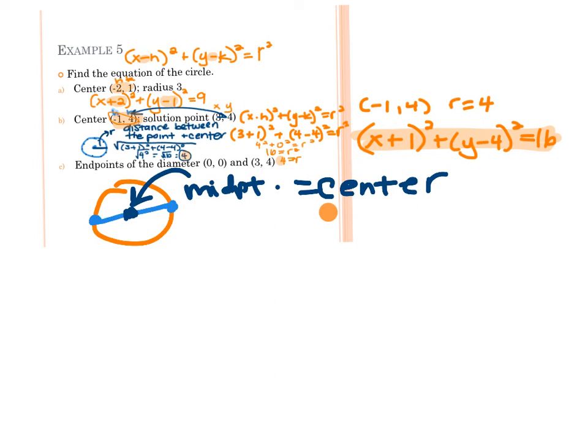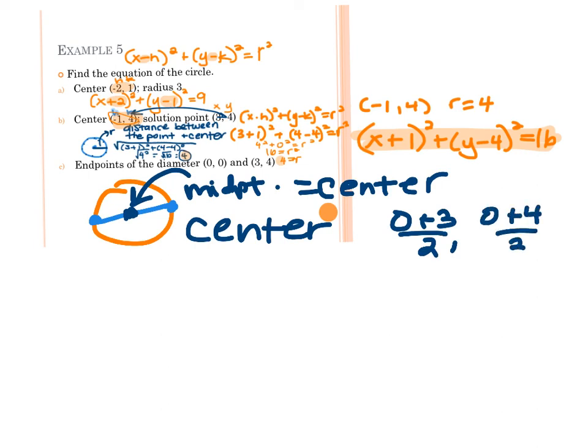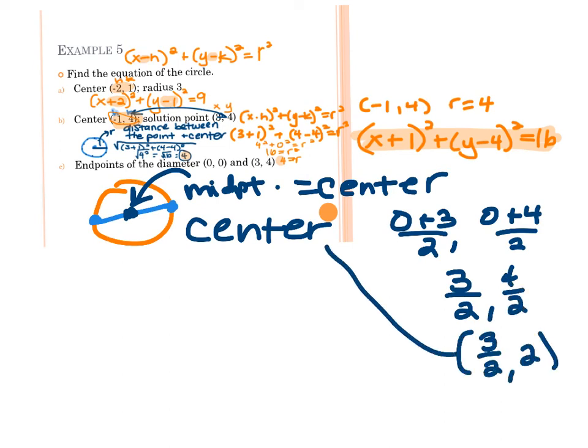So let's start with the center. Because the center is the midpoint of the diameter, I'm going to do 0 plus 3 divided by 2, and 0 plus 4 divided by 2. So 3 halves and 4 over 2, which means 3 halves and 2 is the center of this circle.